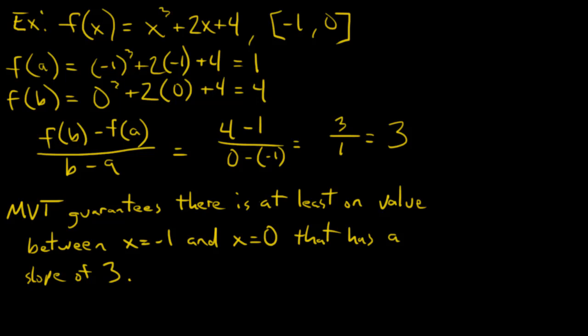That's it. That's what the MVT guarantees, is there is at least one point between negative 1 and 0 that has a slope of 3.